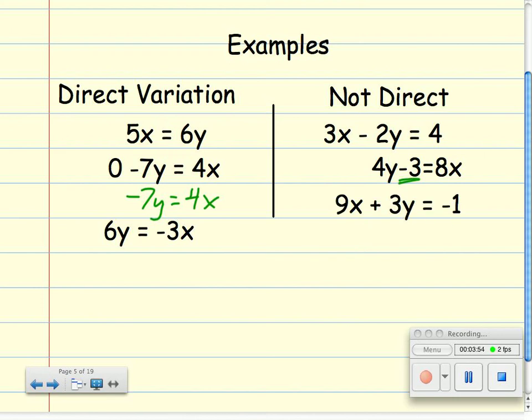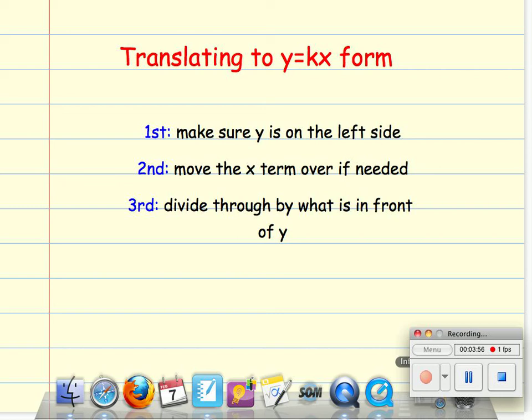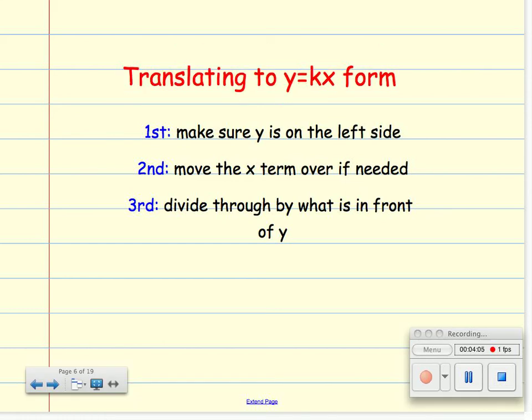The biggest thing that we want to do with direct variation equations is we want to always translate them. That means make them into this form, y equals kx. That just means that y is alone and we have some number sticking to x.